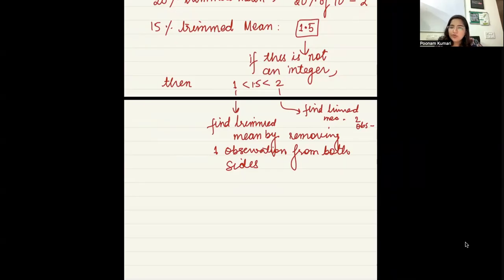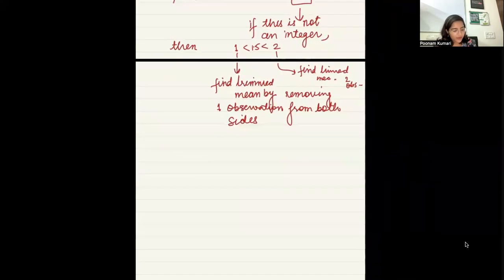Now what you have to do is this: 1 times alpha plus 2 times (1 minus alpha) equals 1.5.